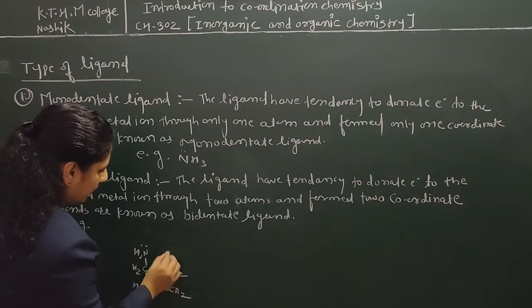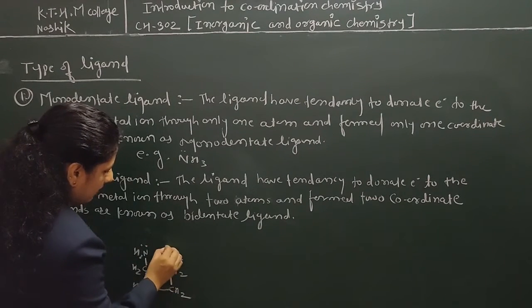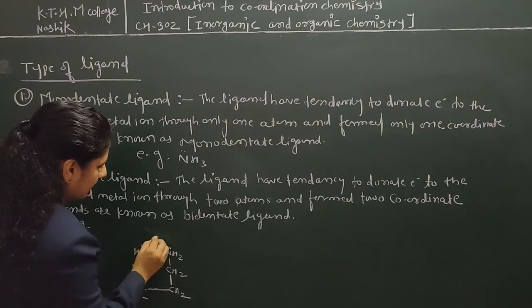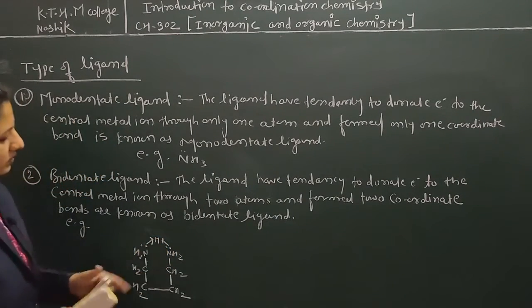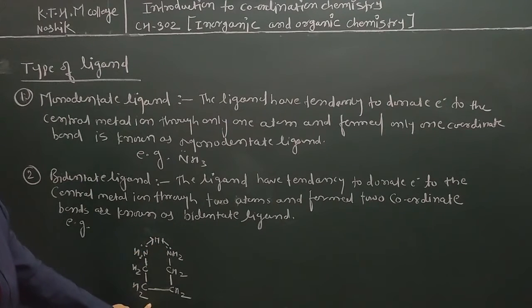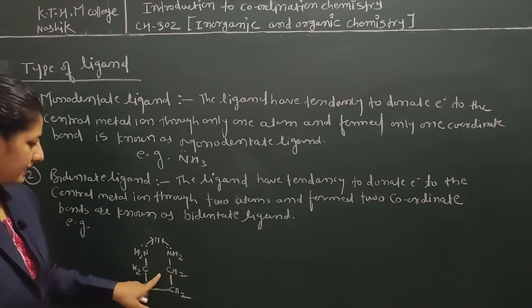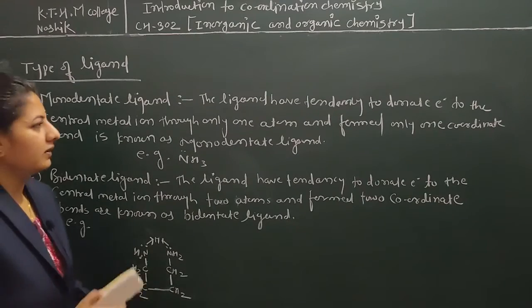These lone pairs can donate the electrons to the metal atom. So the example of a bidentate ligand is ethylene diamine.